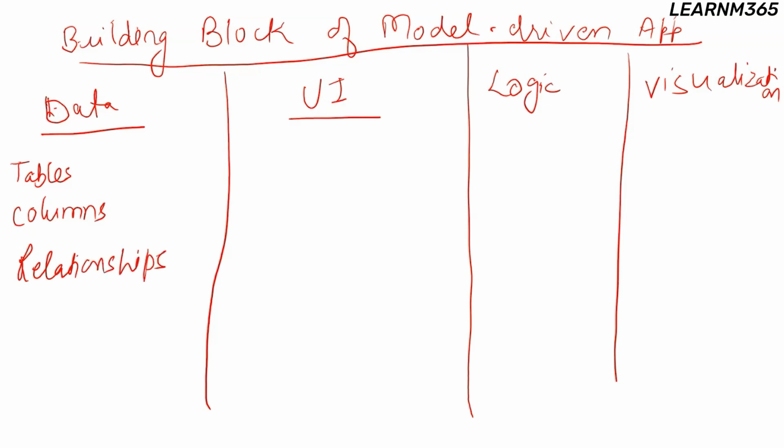When I'm talking about the user interface, the app itself consists of user interface. Then we would be talking about sitemap, or you can say navigation. We will be talking about forms and views.